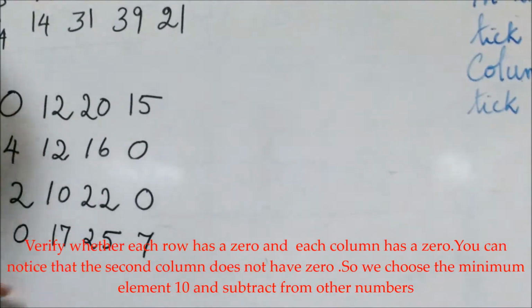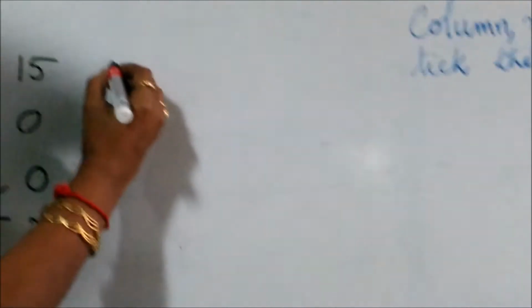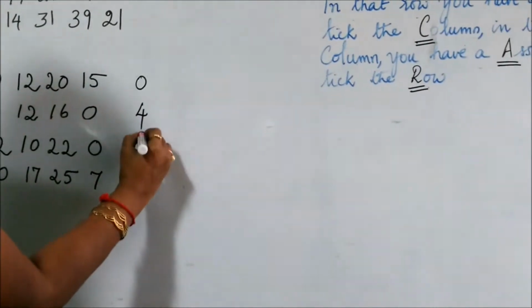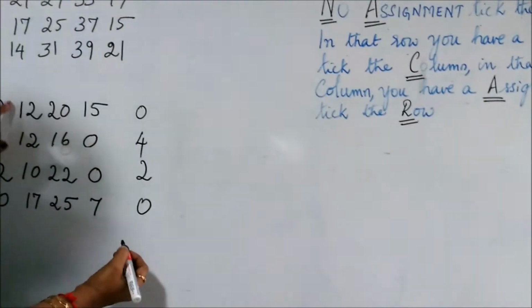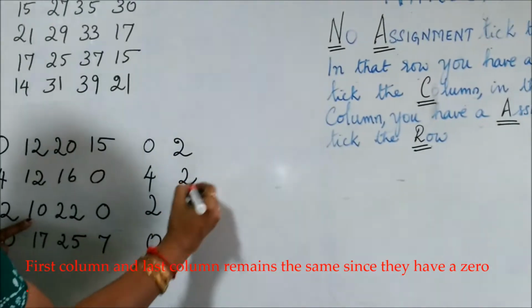Now we can see that the second column is left without a 0 and also the third column. Now I choose the minimum value 10 from the second column and subtract it from the other numbers. The first and last column will remain the same because we have a 0 in them.